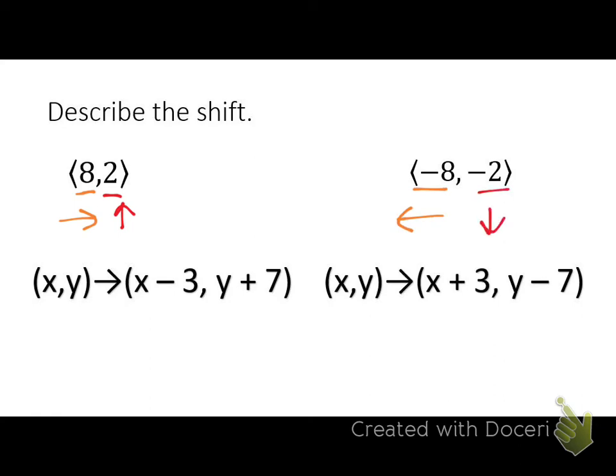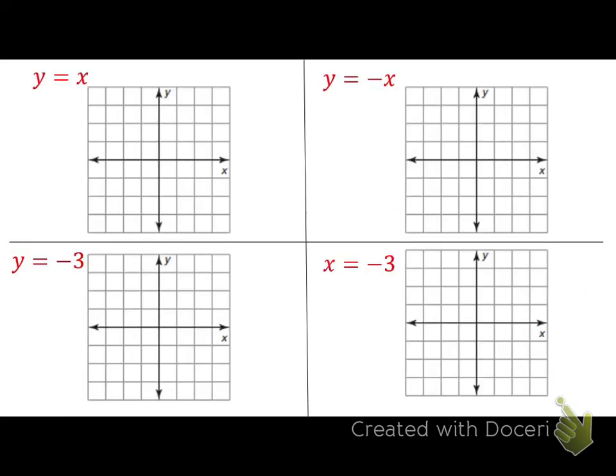All right, negative 3, left, and then plus 7, up, plus 3, right, and then negative 7 means down. Okay, so good. You'll need to remember how to graph these. This is actually also on your midterm. I think it's 4 or 5 questions on your midterm.